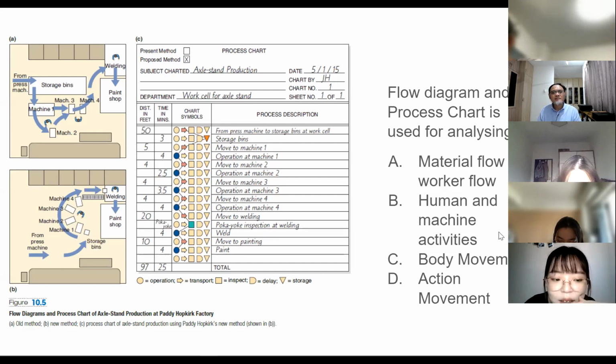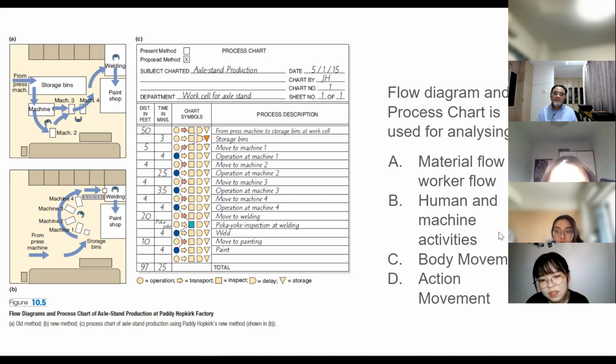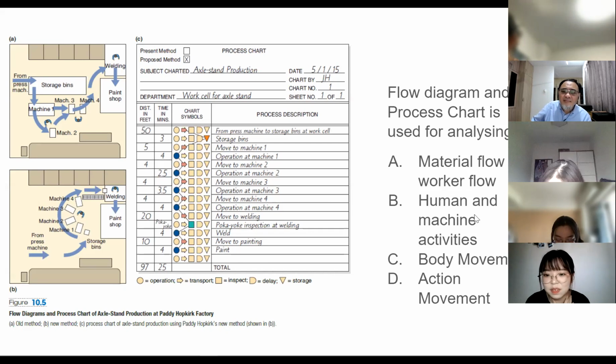Two responses. Three responses. That's very interesting.